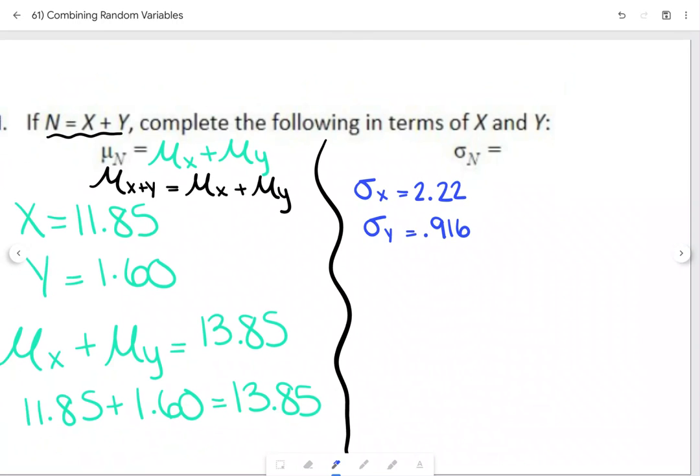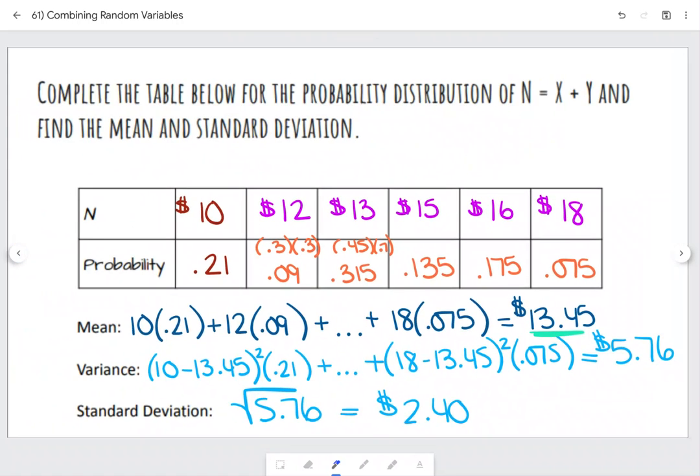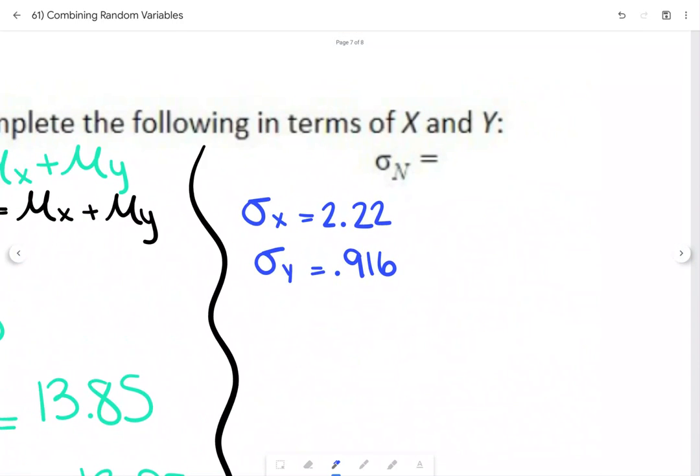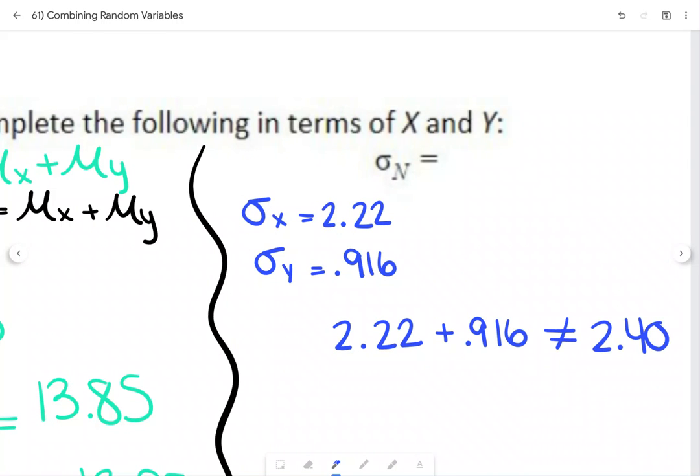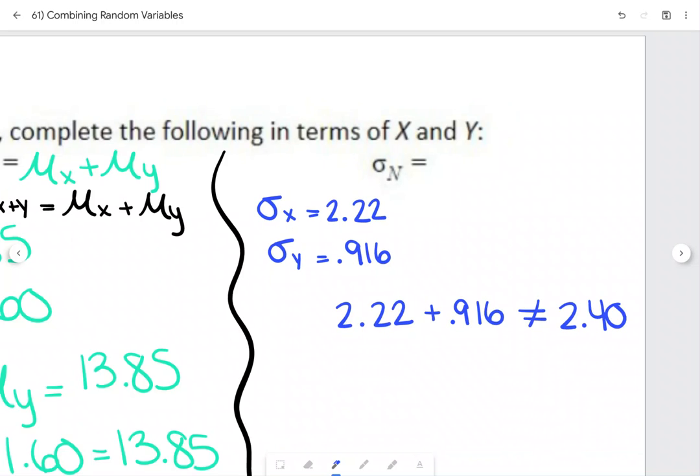Now, if I go back to my previous slide again, these two ideas are not equal to my 2.40 that we got in the previous one. So unfortunately, that rule does not check out the same way it just did for us.